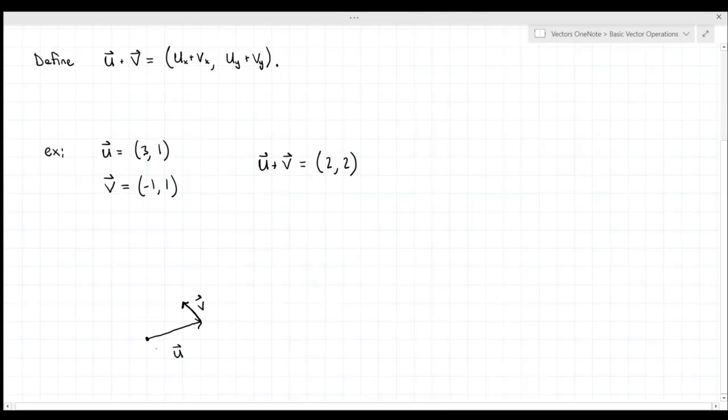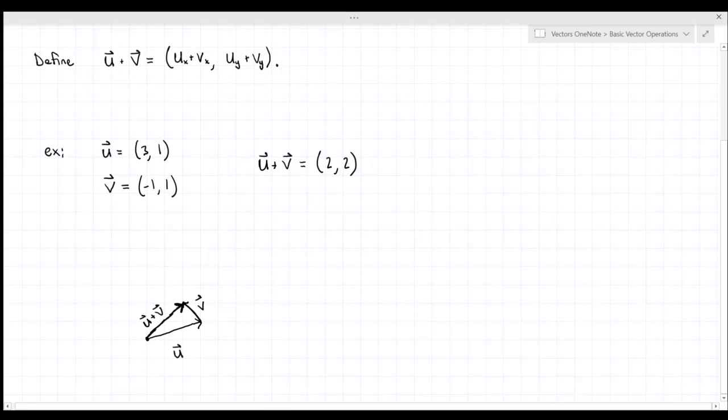If you connect your vectors head to tail like this, then their sum is represented by this third edge of the triangle that the vectors u and v formed.